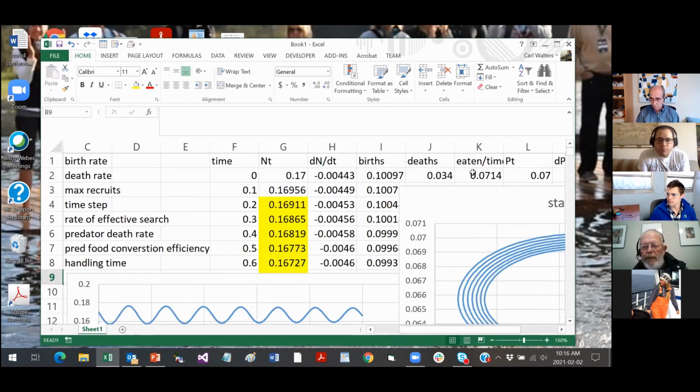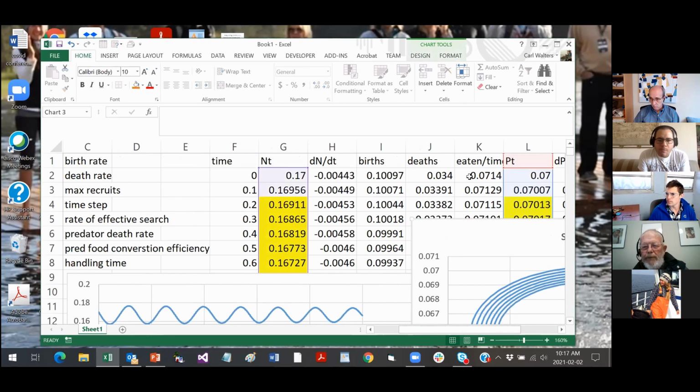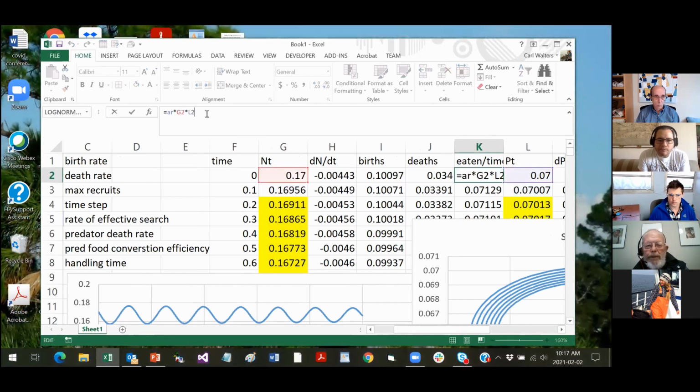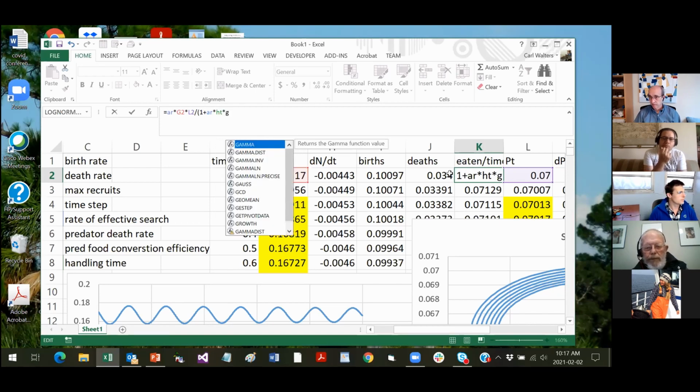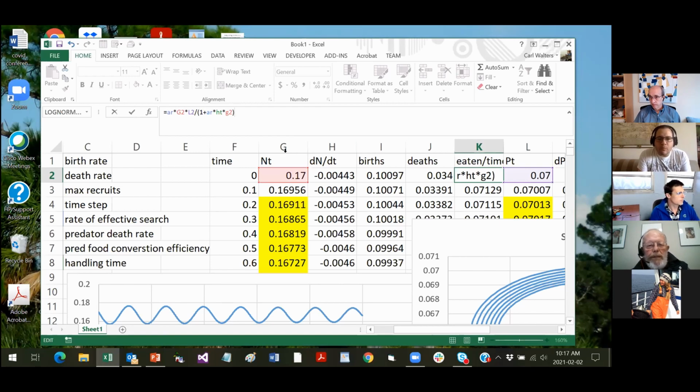And over here, the eaten equation for the numbers eaten, that's just this simple mass action. The way I incorporate Holling's disc equation is I just divide this equation by 1 plus AR times HT times the number of prey, G2. So what this does is it essentially reduces the search rate of the predator whenever prey abundance is high.